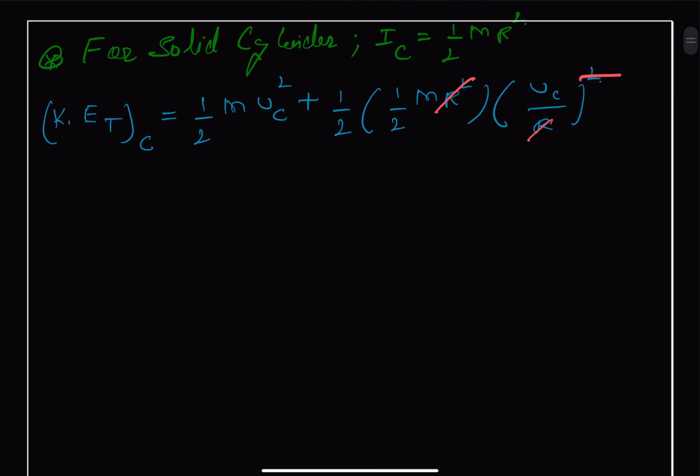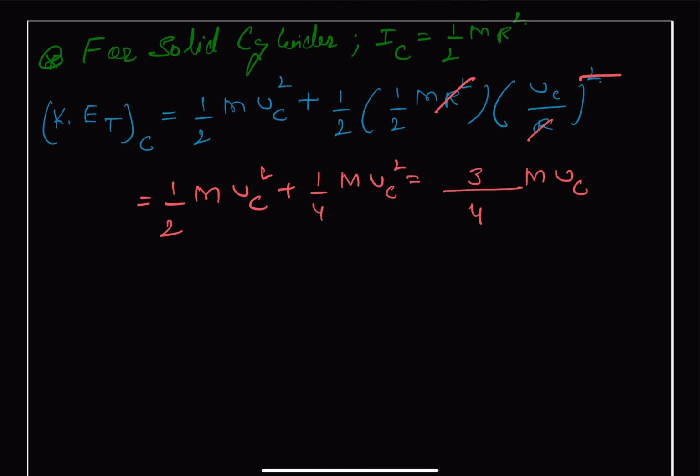We are left with 1 by 2 m vc square plus 1 by 4 m vc square, and 4 is our LCM, so this comes as 3 by 4 m vc square. This is the total kinetic energy for the cylinder.